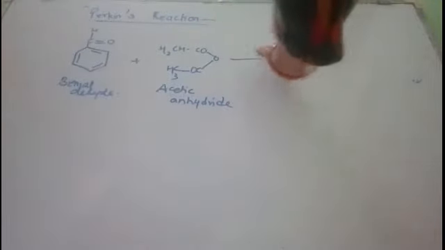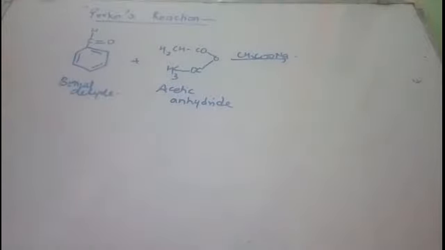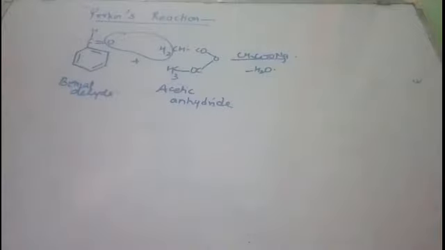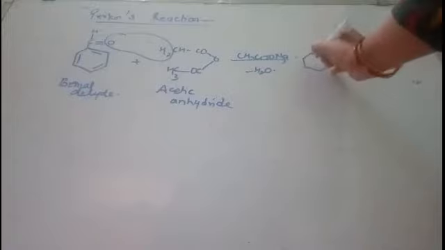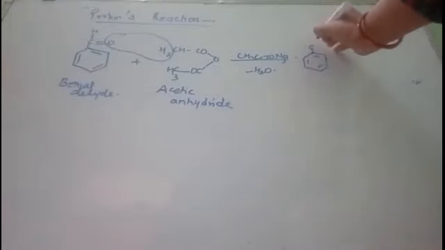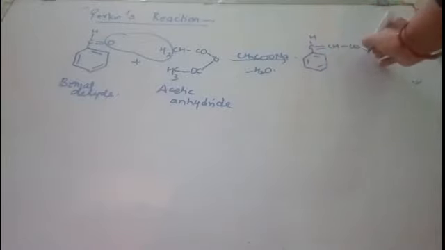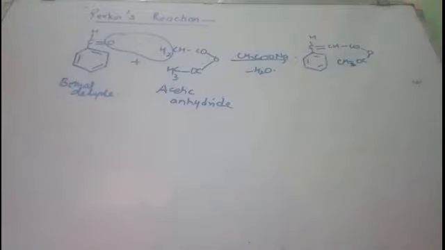Now in the presence of sodium salt of the same acid, say sodium acetate, then what will happen? First of all, from here water is removed, dehydration of the molecule will take place, and you will get here double bond CH. This molecule will add here. Okay, this is an intermediate which is formed here.